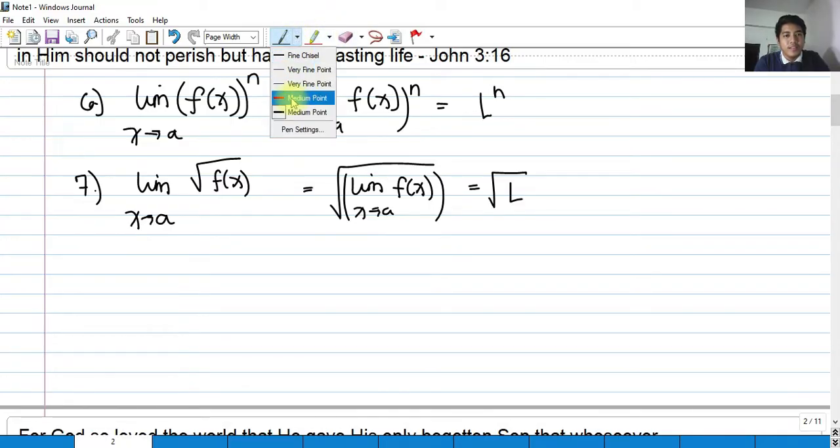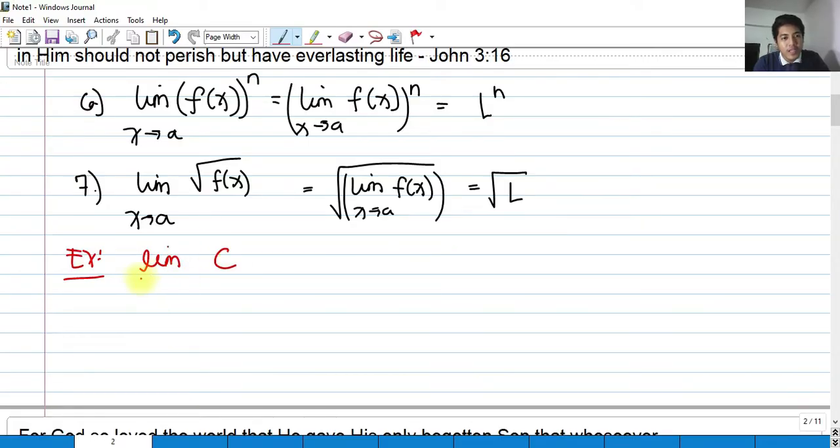For our first problem, the limit of a constant as x approaches a is simply equal to the constant. For example, if we have to evaluate the limit of 2 as x approaches 1, this is a constant, this is our c, and this is our a.